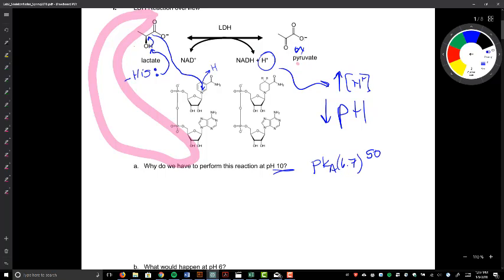So if we draw out the histidine ring here, that's a really sorry pentagon there.